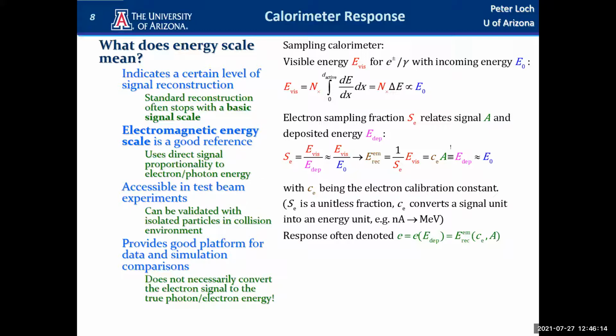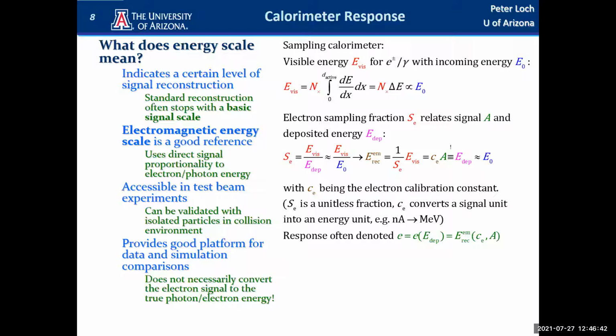So the first thing we usually do is we build our calorimeters and we test them such that the response to electrons is linear. That means that there's a direct relation between the signal and the electron deposited energy. So this gives us a calibration constant in the truest sense of the word.